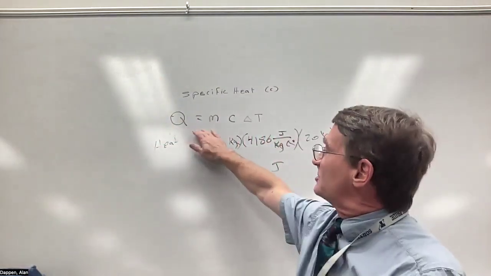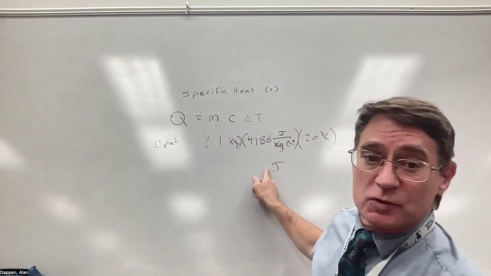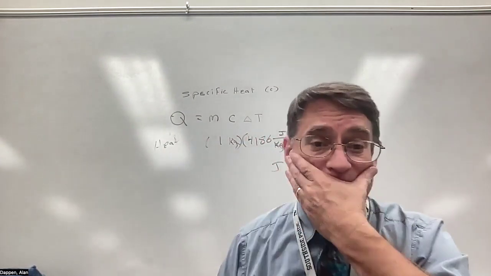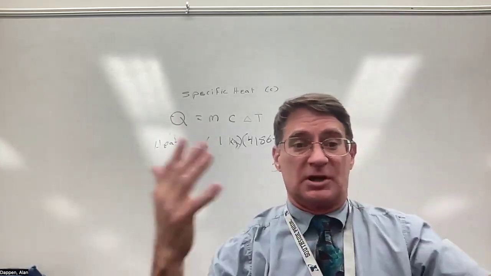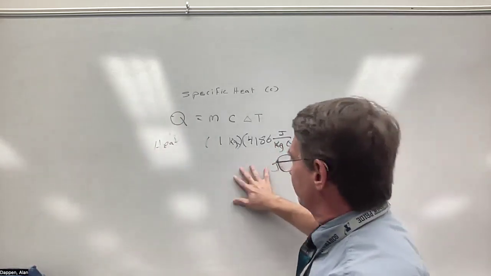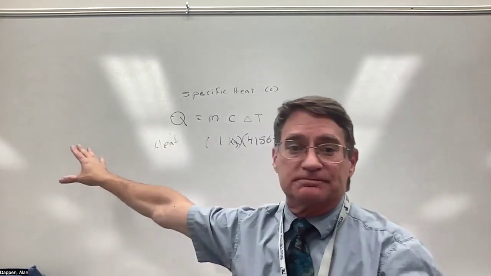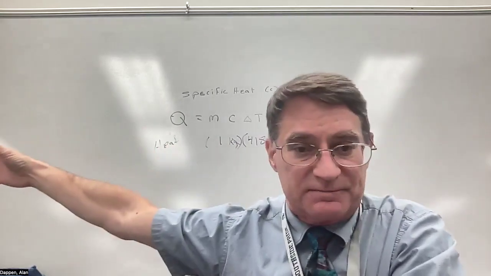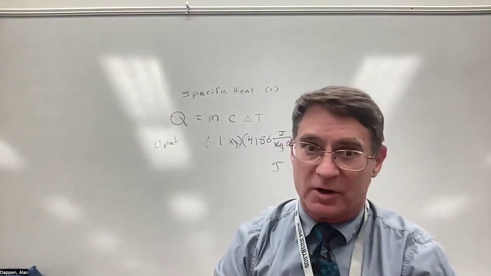We can use specific heat to calculate energy. Remember, heat is a version of energy measured in joules. In fact, once we know joules, we can set up our law of conservation of energy. If this is a certain number of joules, what if I set that equal to, I don't know, potential energy? Can we turn things that have potential energy into heat? We know we can.